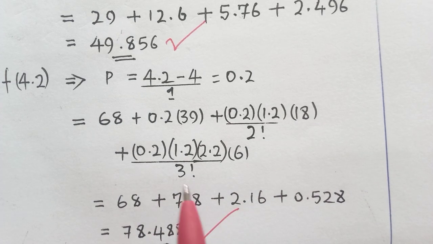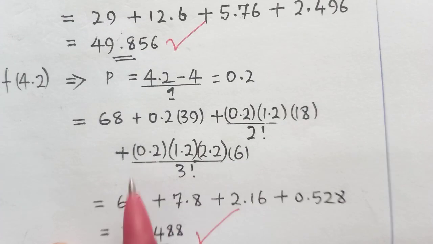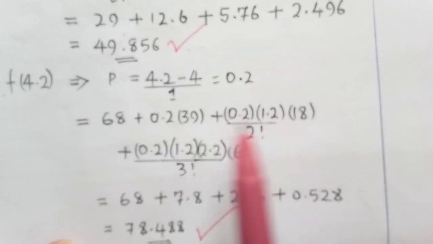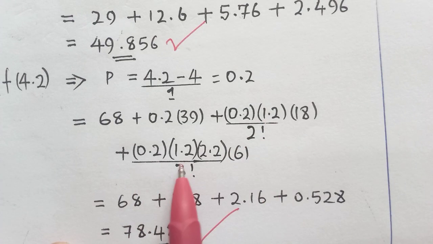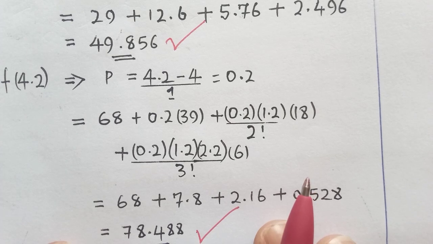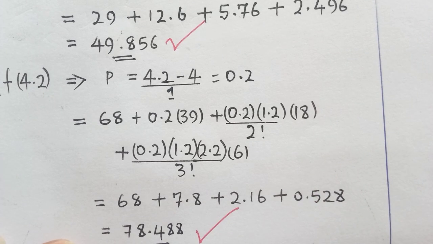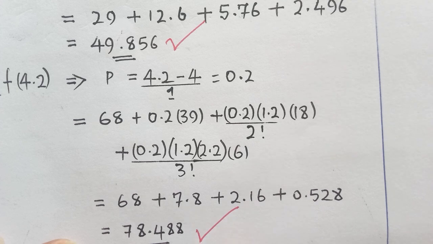For this one, I did not write the formula, but when you are doing it, make sure you write the formula so that you can remember all this. So guys, that is how we use the Newton-Gregory backward difference interpolation formula.